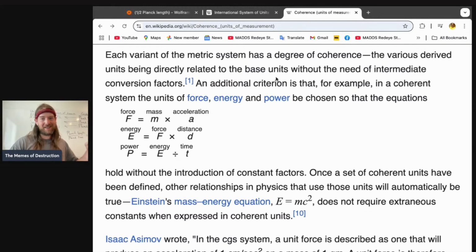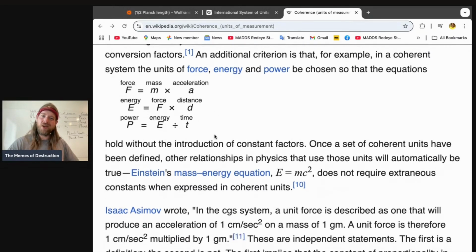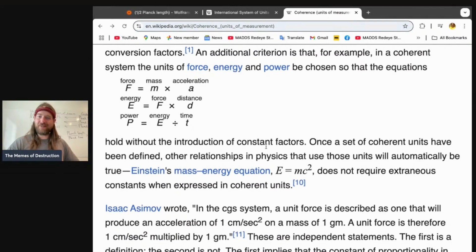An additional criterion is that, for example, in a coherent system the units of force, energy, and power be chosen so that the equations force F equals mass m times acceleration a, and energy E equals force F times distance d, as well as power P equals energy E divided by time t, hold without the introduction of constant factors.